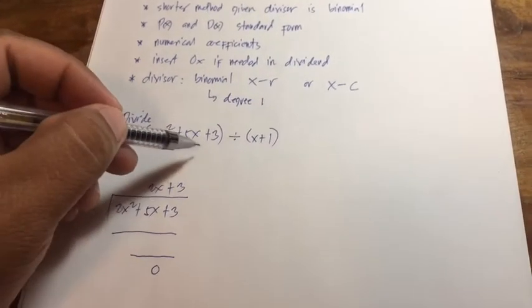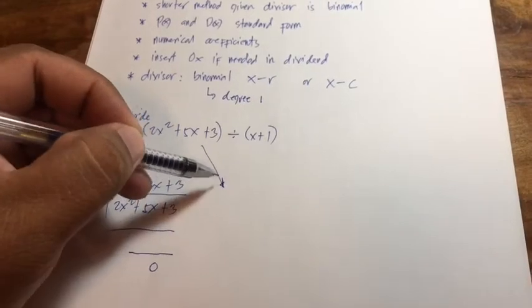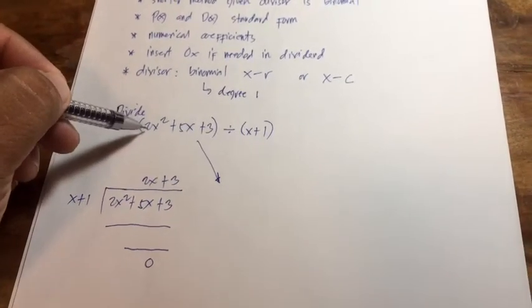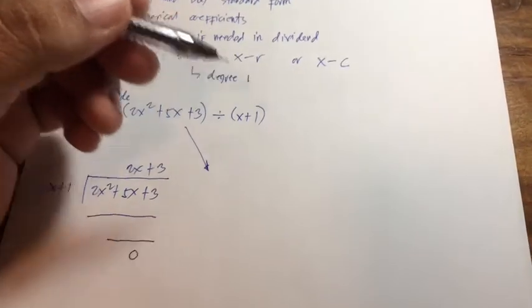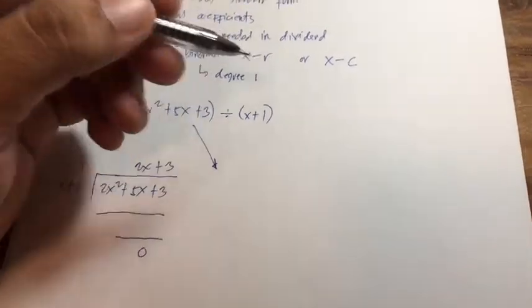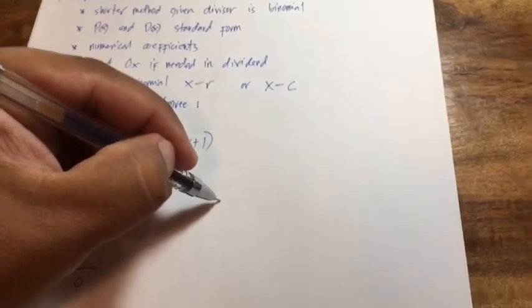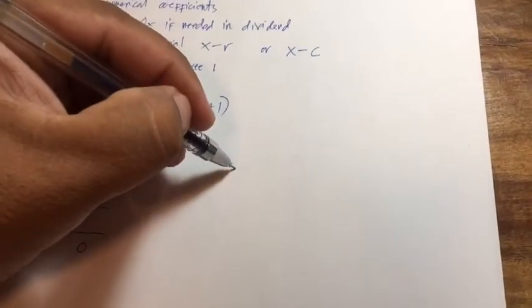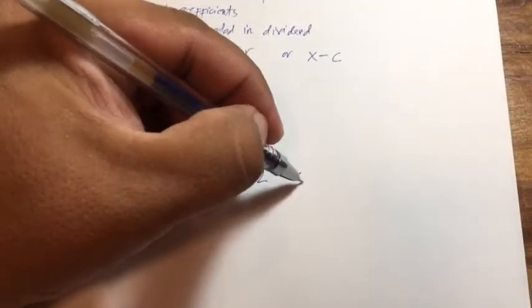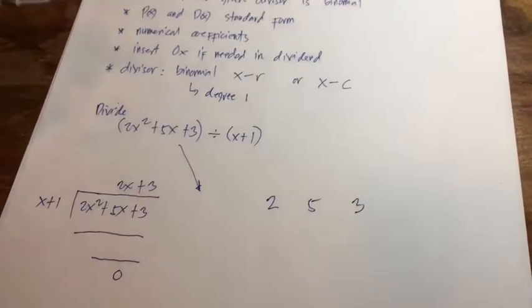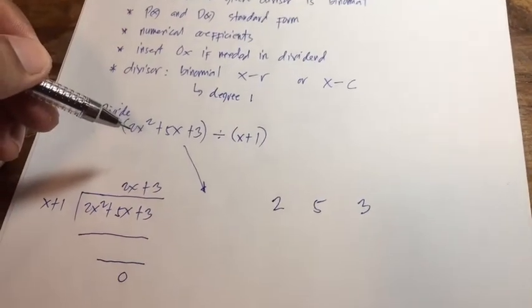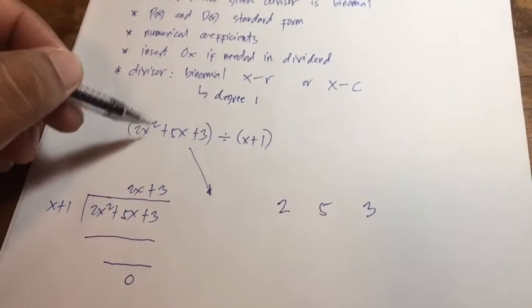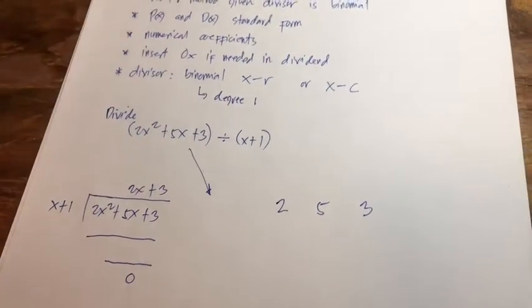From this dividend, we will utilize the 2, the 5, and 3. So this is actually the step. First step is write the numerical coefficients: 2, then 5, then 3, which came from 2x squared plus 5x plus 3.